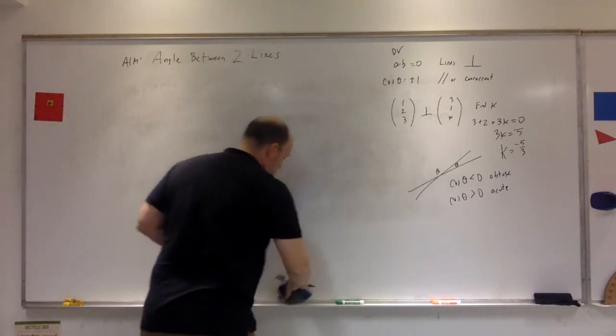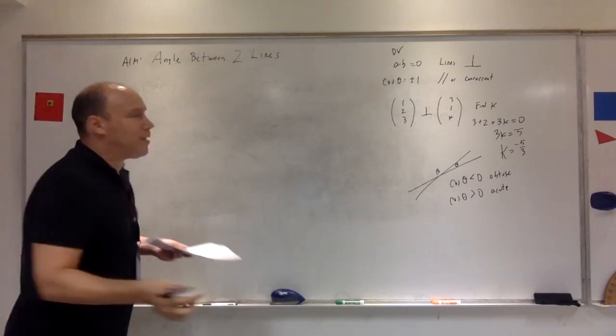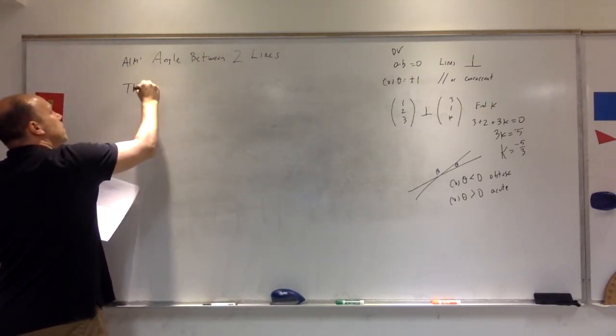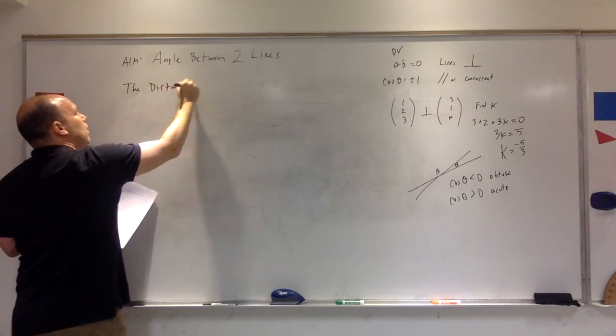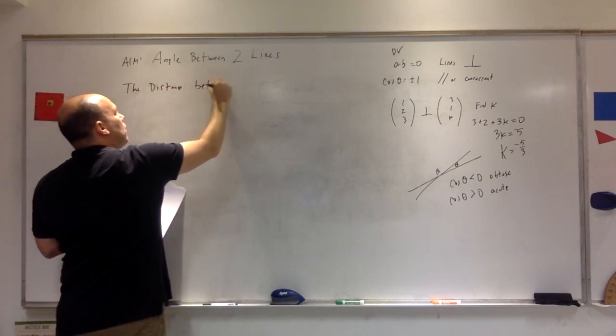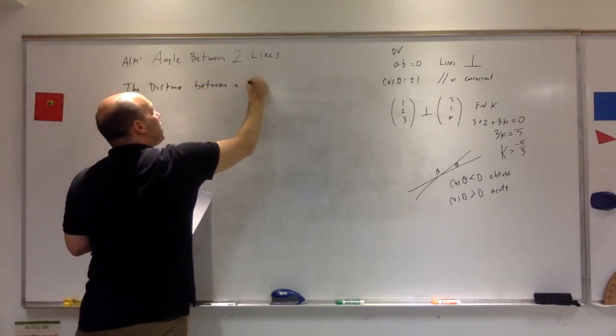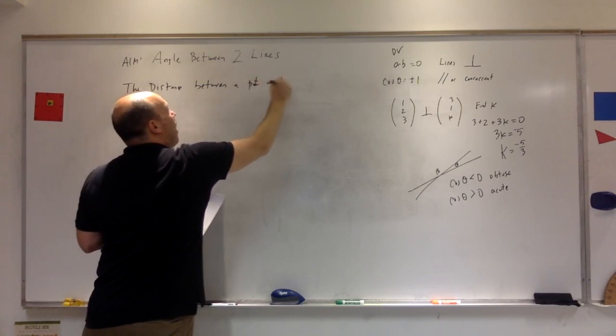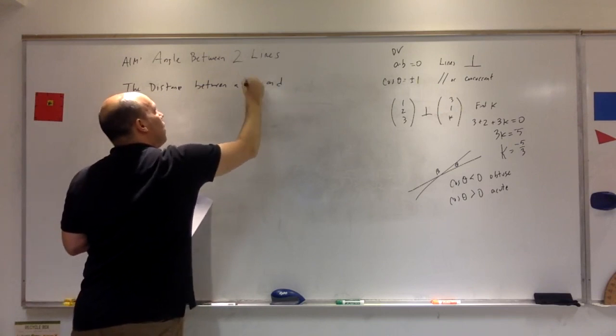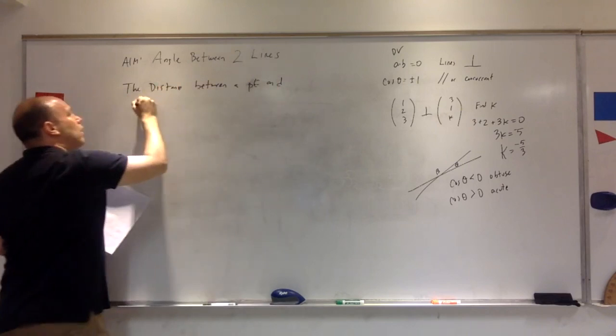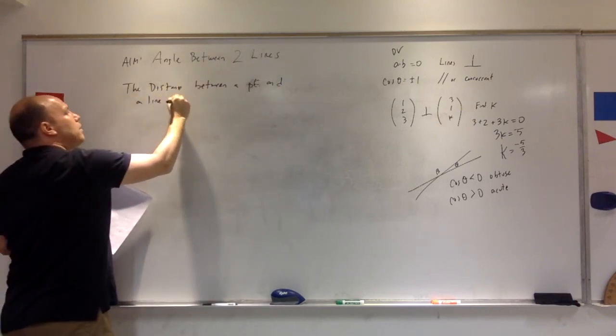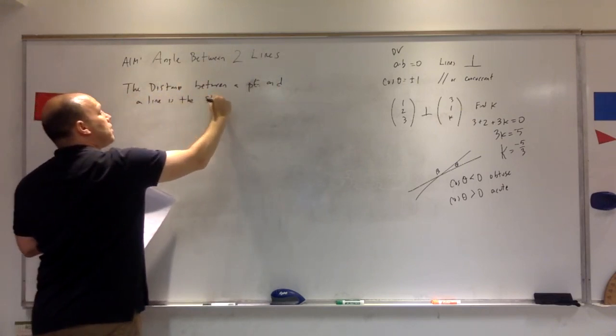The distance between a point and a line is the shortest distance.